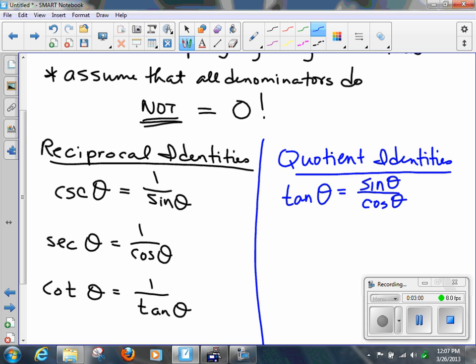These are like different names for all of these trig functions, okay? You've got the tangent, and then you've got one more, cotangent. Cotangent, we already know because of the reciprocal identity, is 1 divided by tangent. However, what's another way we could write cotangent? Cosine over sine.